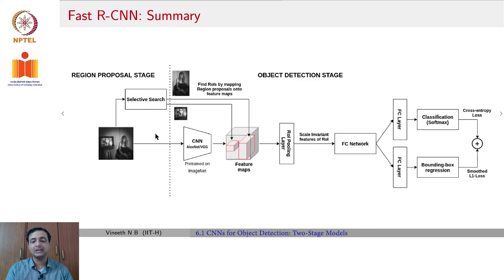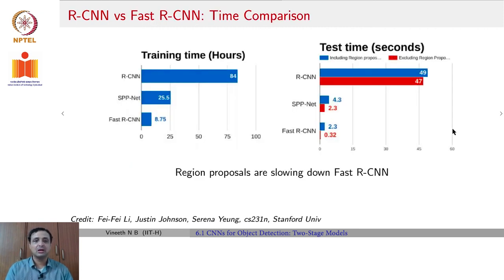This avoided, as we said, multiple forward propagations through the convolutional layer. Then you perform ROI pooling to get all those region proposals to the same size. You then send this through a fully connected network, which has a softmax head or a classification head and a bounding box regression head.